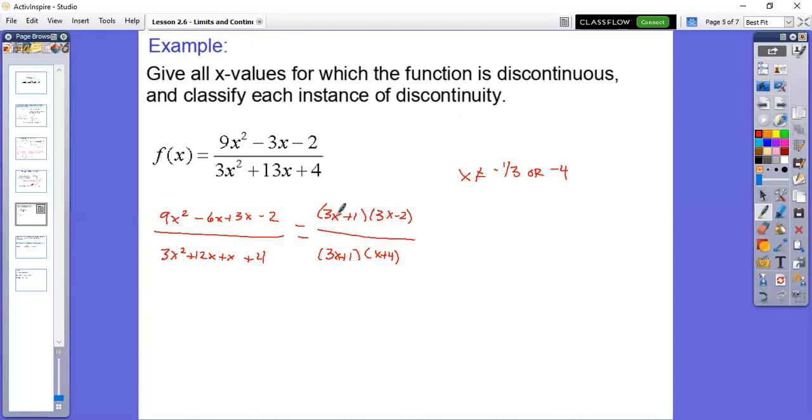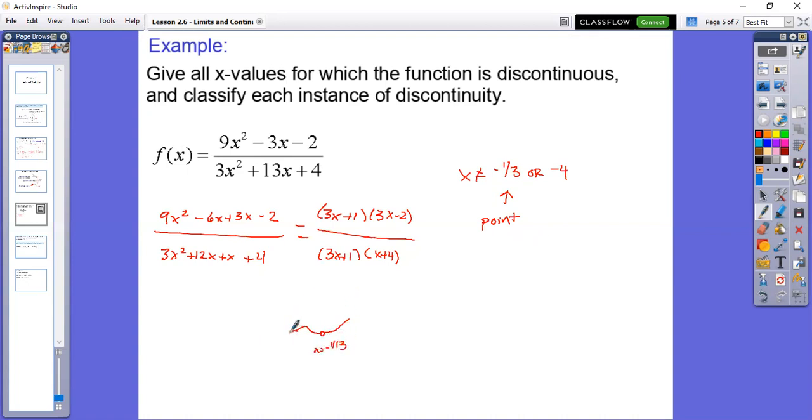What I notice here, though, is this factor 3x plus 1 is in both the numerator and denominator, which means this is a point discontinuity. If you remember from when you took Algebra 2, this graph does not have an asymptote at x equals -1/3. What will happen with this graph at this point, x equals -1/3, is there will be a hole in the graph.